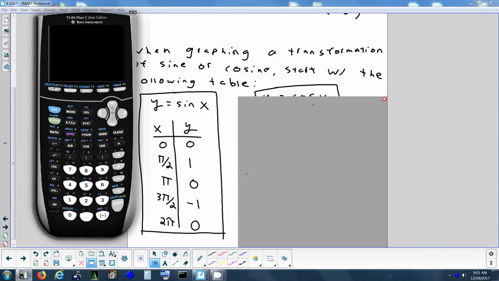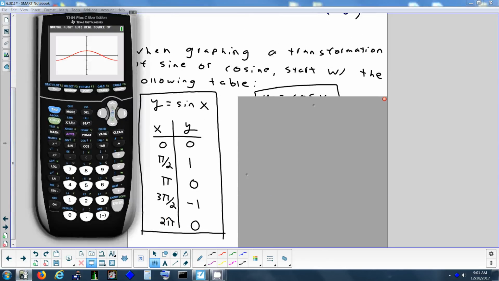Okay, let's look at a graph of cosine. And I'm going to do it in radians. And what did I say the period for cosine was? What's the period for cosine? Caleb? Yeah. 2 pi. 2 pi.